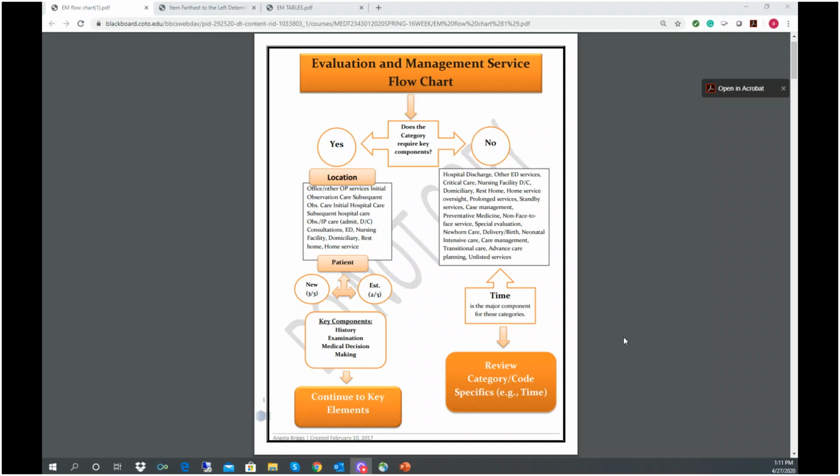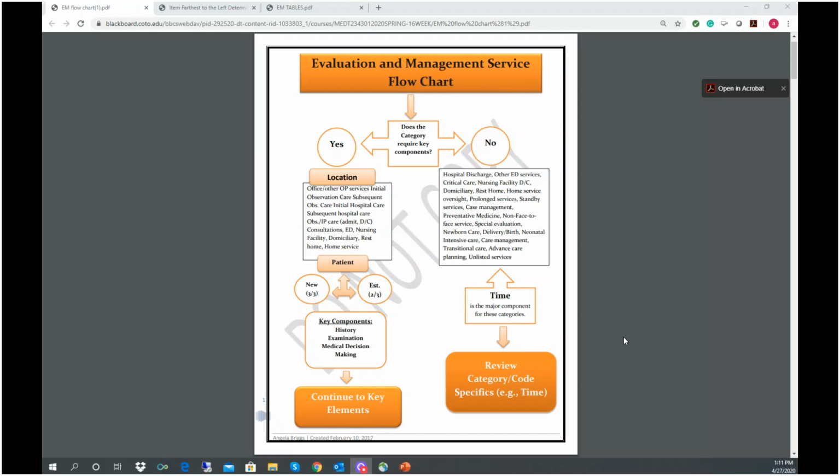The ones that are office or other outpatient services such as urgent care, observation care, observation subsequent hospital care, OBS inpatient admit discharge, consultations, emergency department, nursing facilities, domiciliaries, rest homes, and home services, those are going to require your key components. When you're flipping through there, you have your history, your exam, and your medical decision making. So that's the first group.